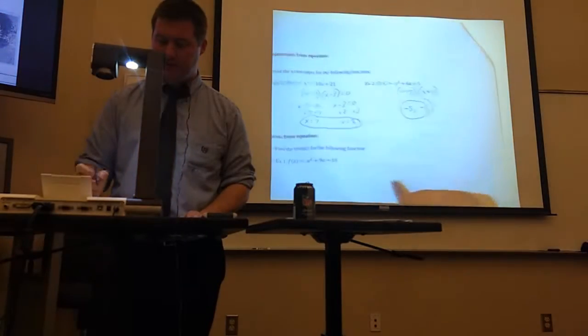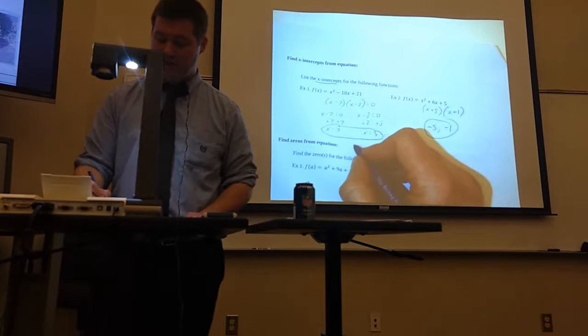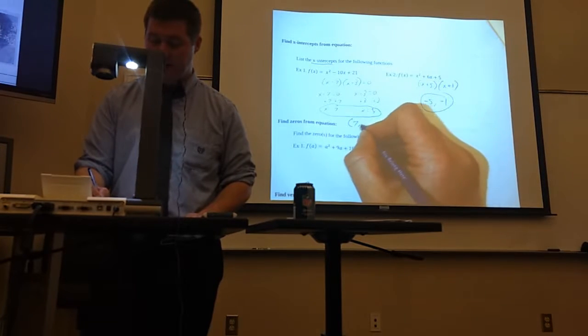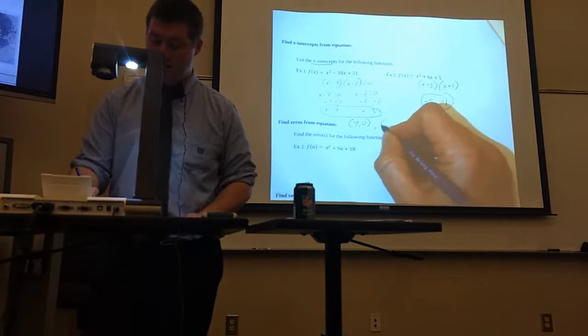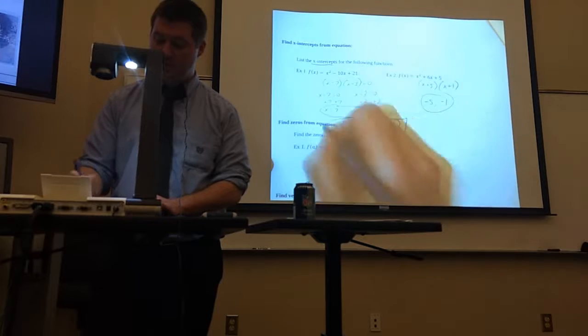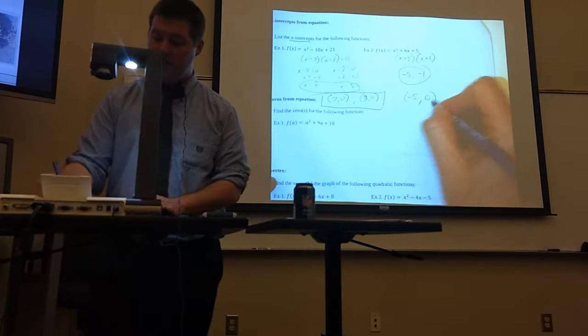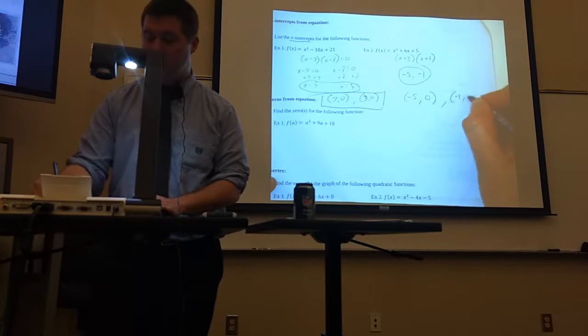Ooh, I wasn't even paying attention. This says list the x-intercepts, so be real careful. Write that as an ordered pair for each of these. So 7, 0, and 3, 0. -5, 0, -1, 0.